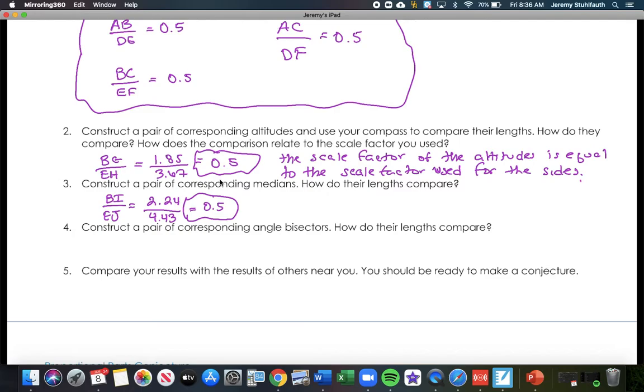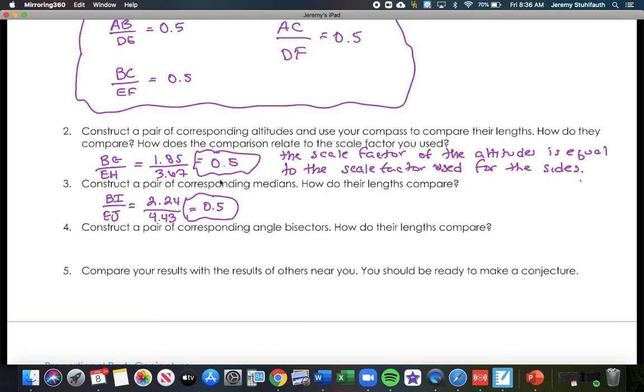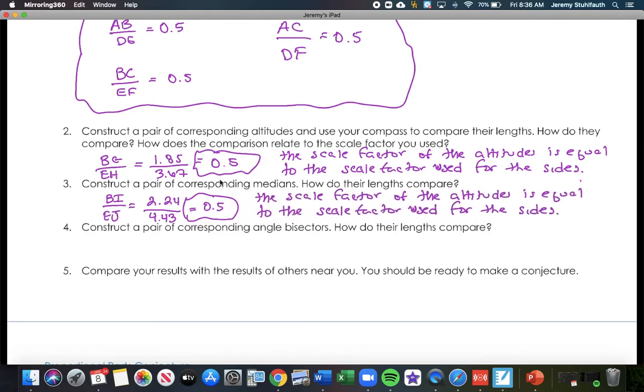And so what we can say is that the scale factor of the medians is the same as, or is equal to, the scale factor used for the sides.